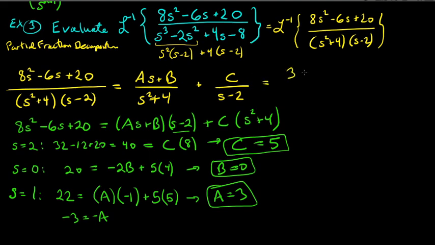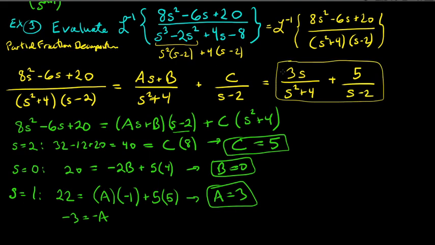I guess we get 3 times s plus 0, so 3s over s squared plus 4, and then plus 5, not s, that's a 5. Does look like s. So 5 over s minus 2. Okay. Now, we're not done. Remember, this is what we're trying to find the inverse Laplace transform for.